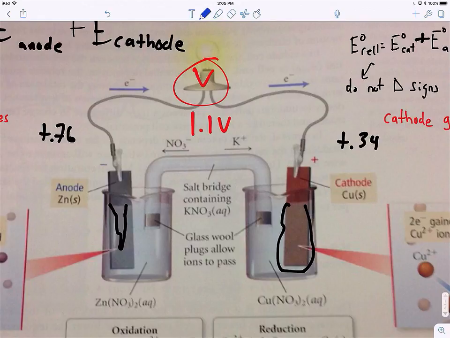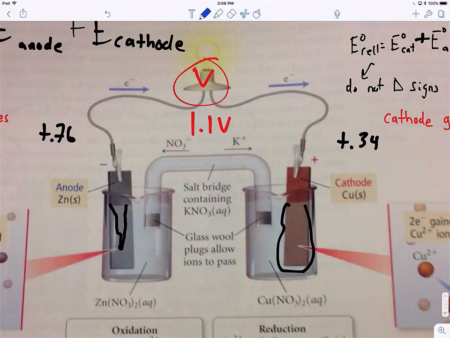That would never happen in real life. That's a breaking of entropy. So when you have a salt bridge here, negative ions flow towards the anode, and positive ions flow towards the cathode. That will allow electricity to go. So if you want to turn a battery off, one of the ways you can do it is removing the salt bridge.